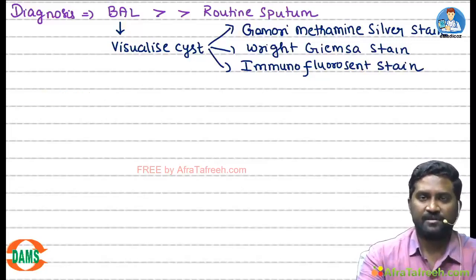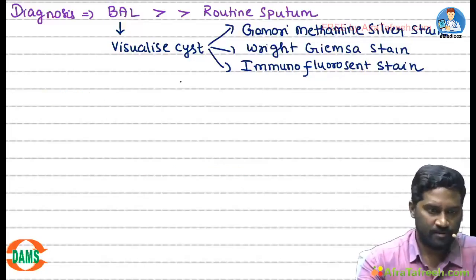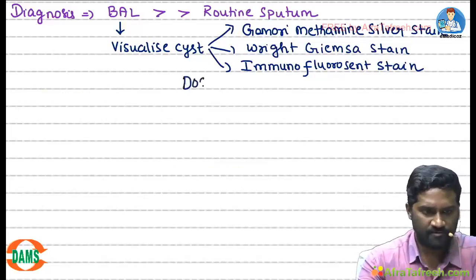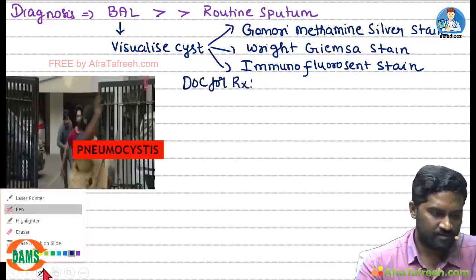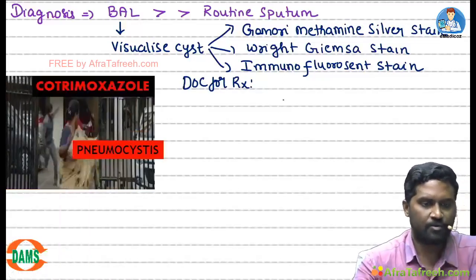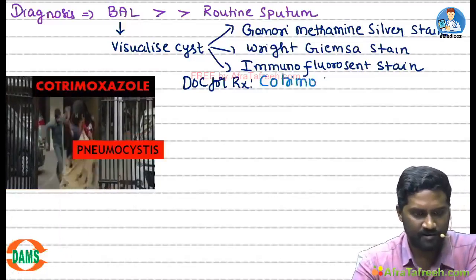Now after visualization and diagnosis, next will be the treatment. What will be the drug of choice for treatment of pneumocystis? Very, very important. If this is pneumocystis, this is what cotrimoxazole does to it, it will make it run for its life.